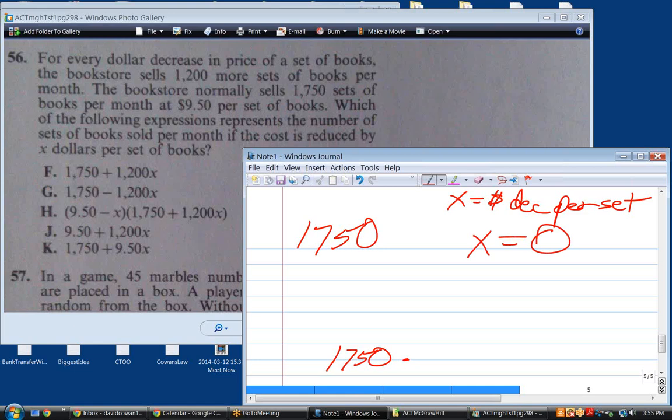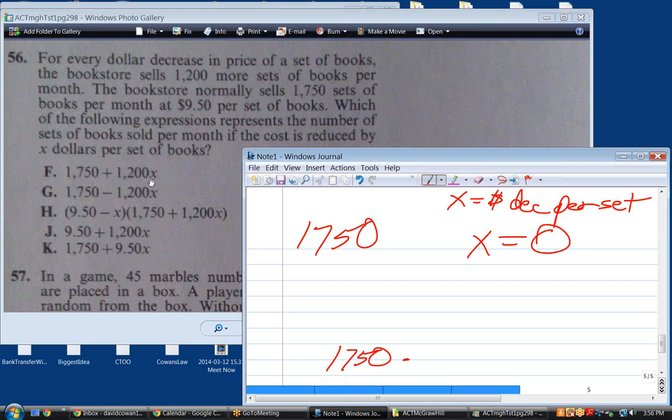Just think about the problem for a moment. In other words, if you don't change the price at all, how many books do you sell? You sell 1,750 sets. Right.